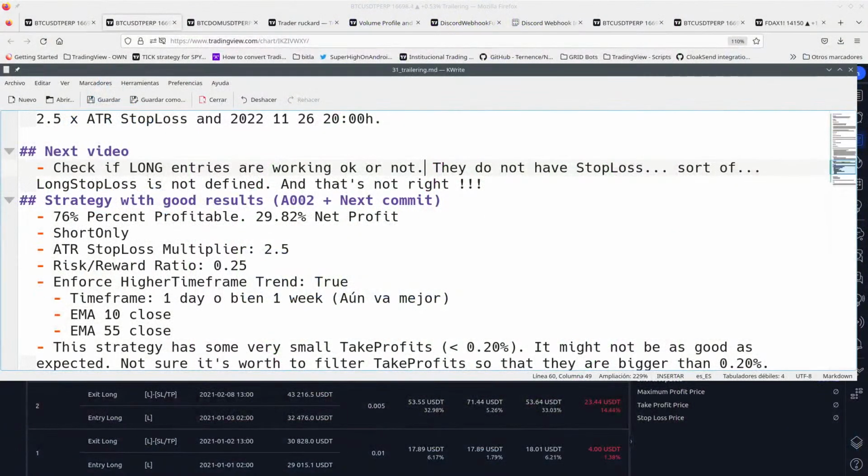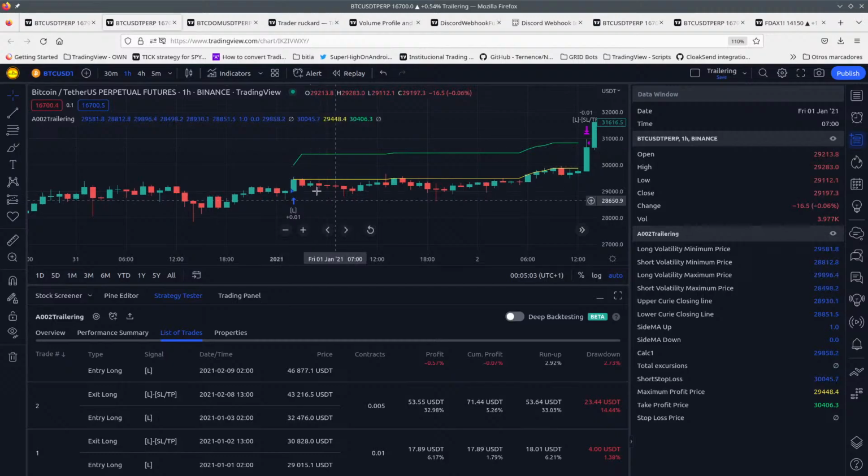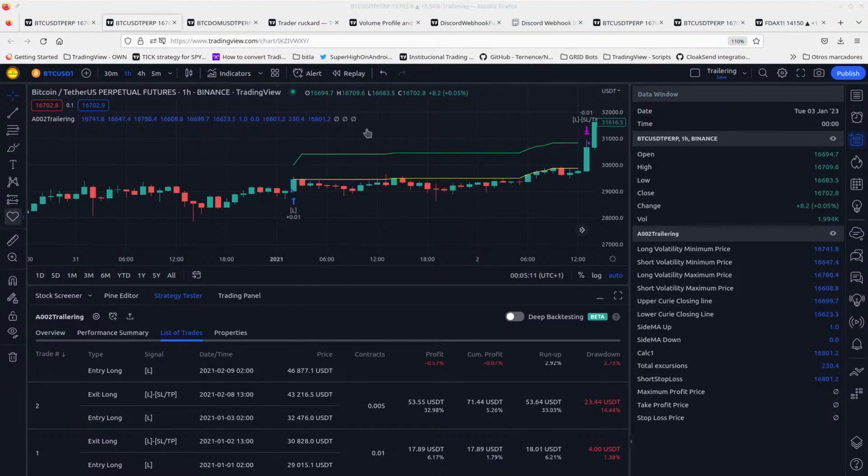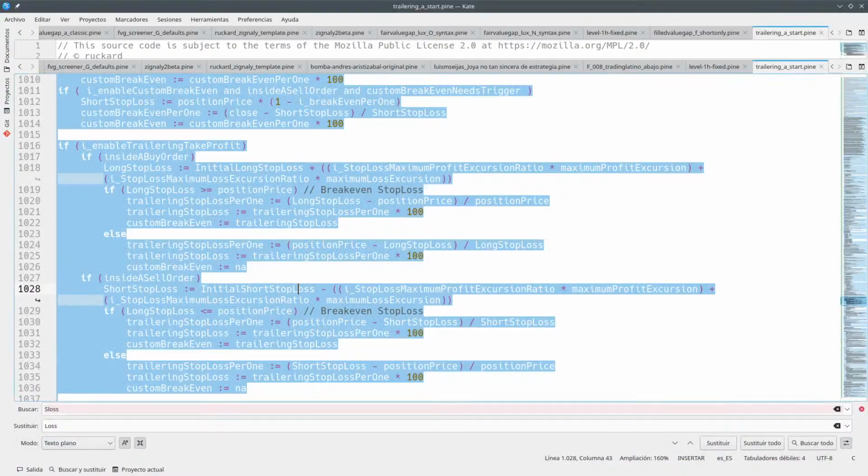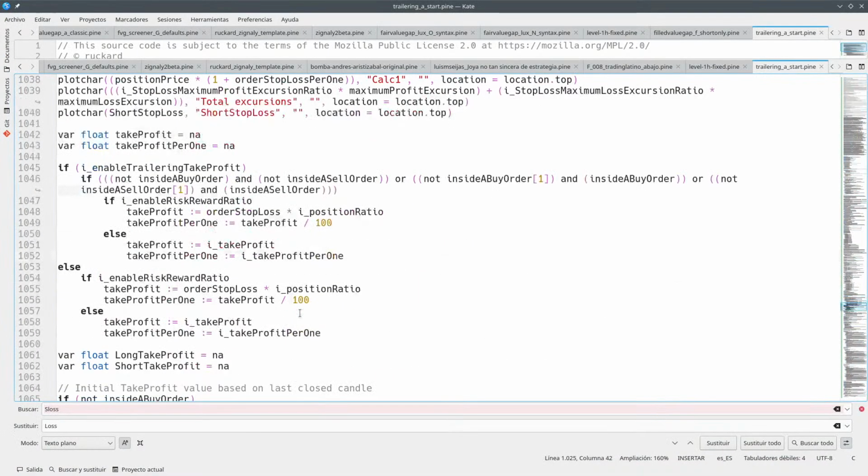Okay, so what we were checking the last time is that there was no stop loss here, and we want to know why there's no stop loss here. So what we are going to check is this stop loss price.